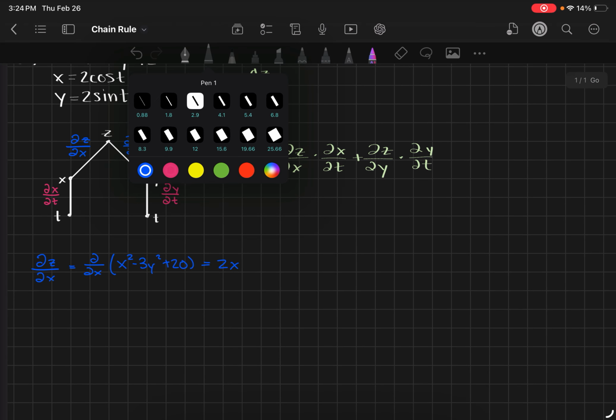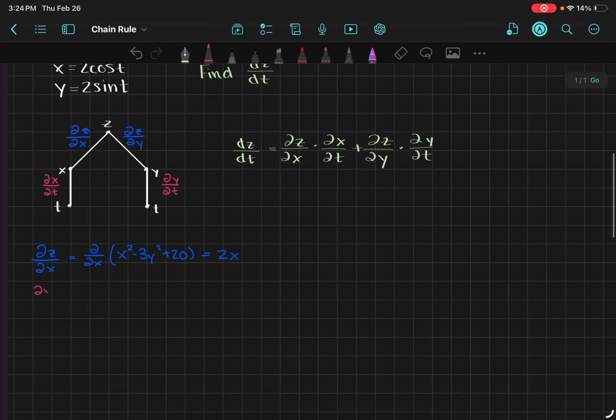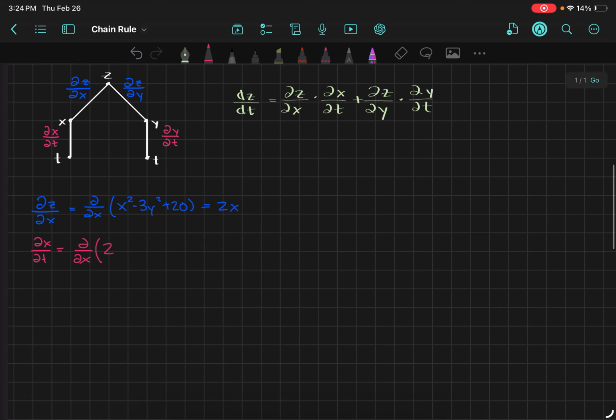Let's solve our dx/dt now. dx/dt is going to equal d/dt of this function here, 2 cosine t. Just recall that the derivative of cosine is negative sine. That's really all we need to know because there's no other variables in here. So we have negative 2 sine of t. Looks good.